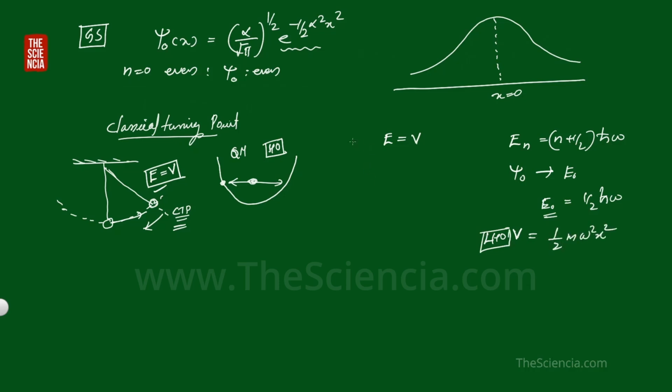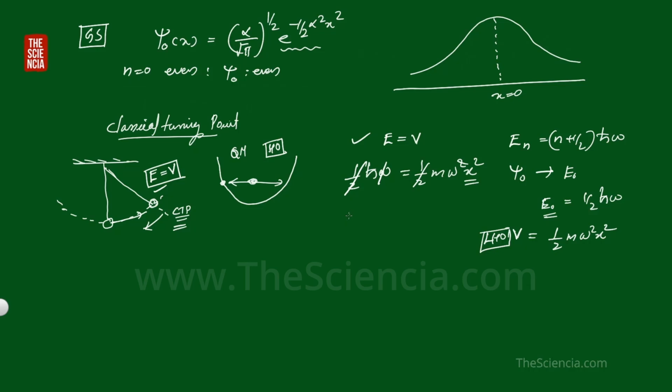So we can substitute those two values in this expression, that is half h cross omega is equal to half m omega square x square. If you evaluate for x, we can find the turning point. We can cancel this 1 by 2 and 1 by 2 and this omega and this omega.